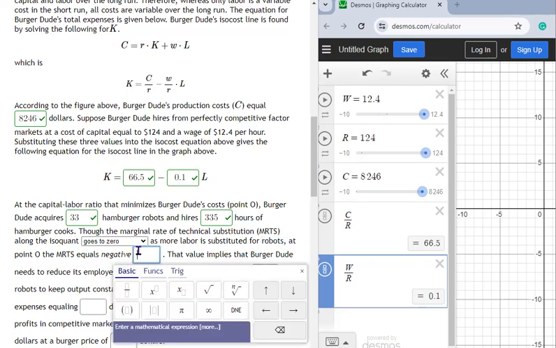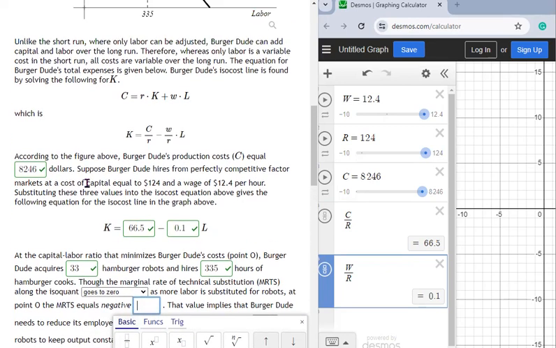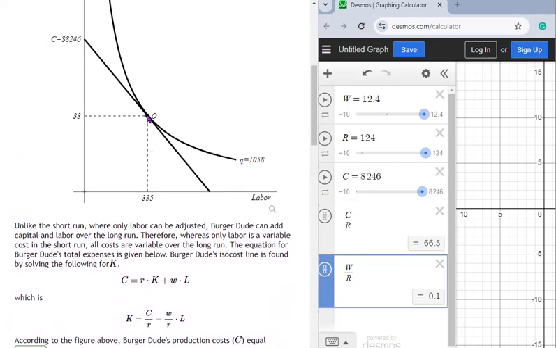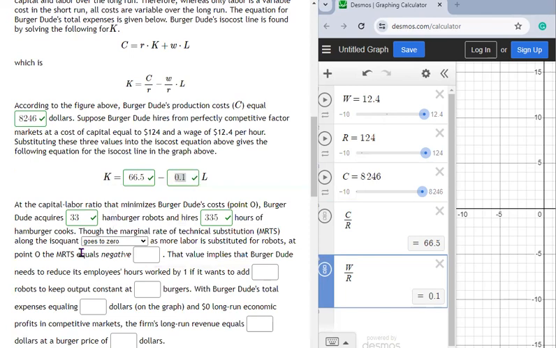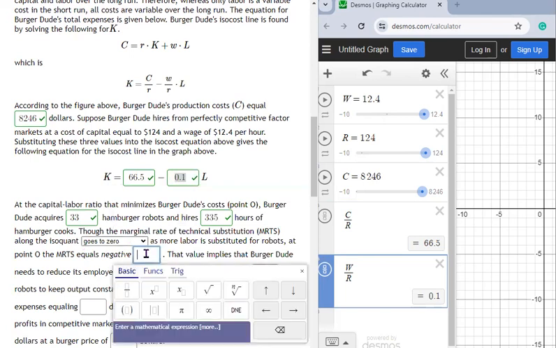So given that, in a really small neighborhood of the optimal point, the slope of the curve equals the slope of the isocost line. And the slope of the isocost line is negative 0.1.